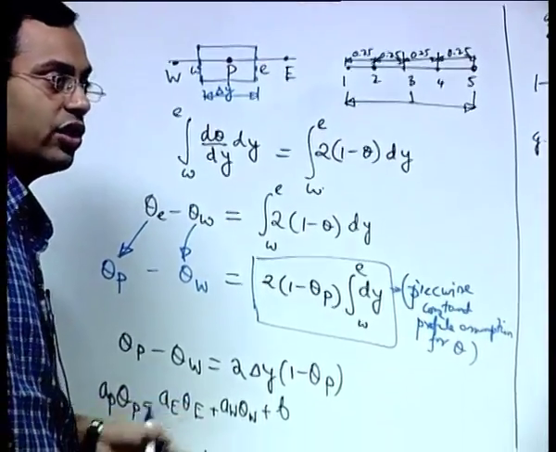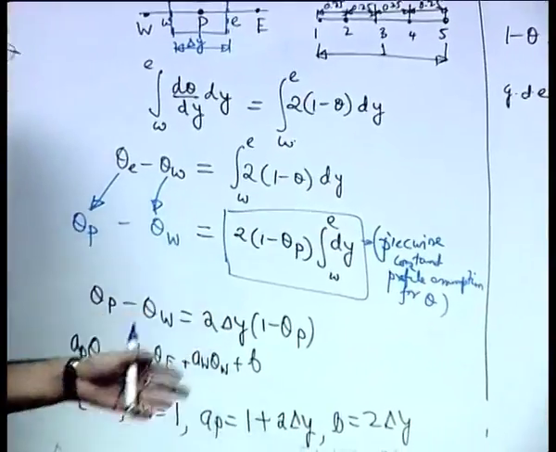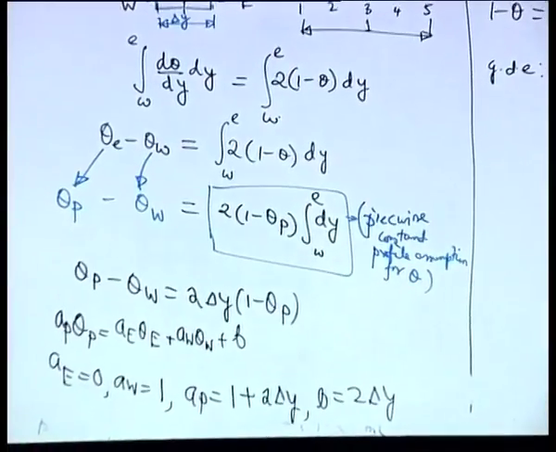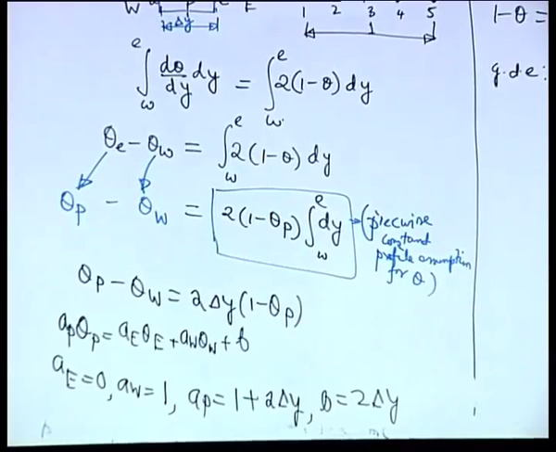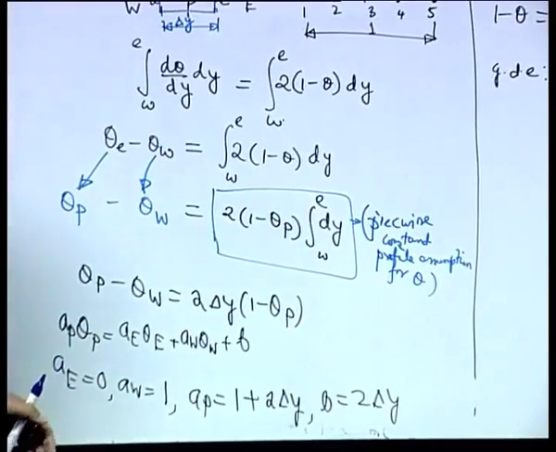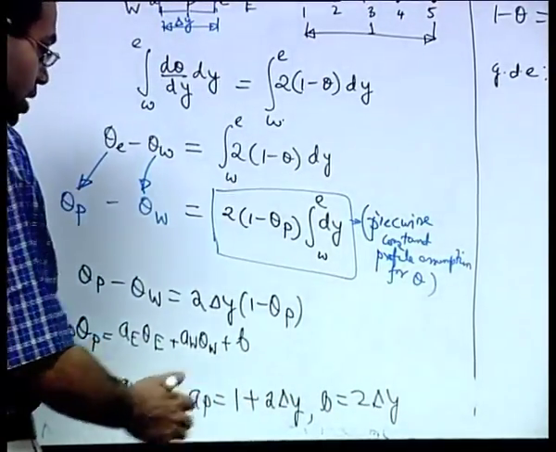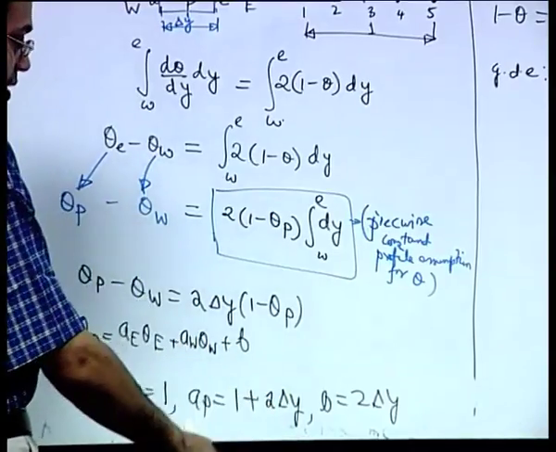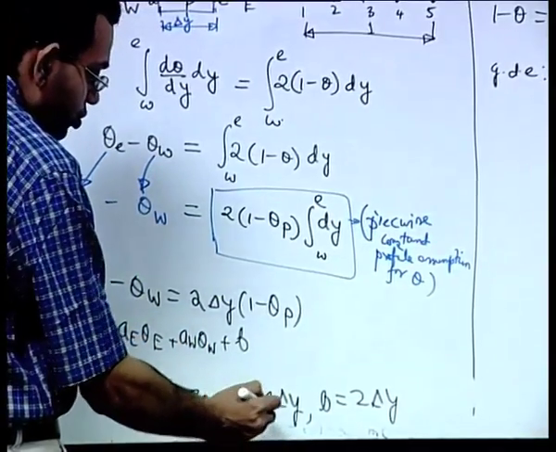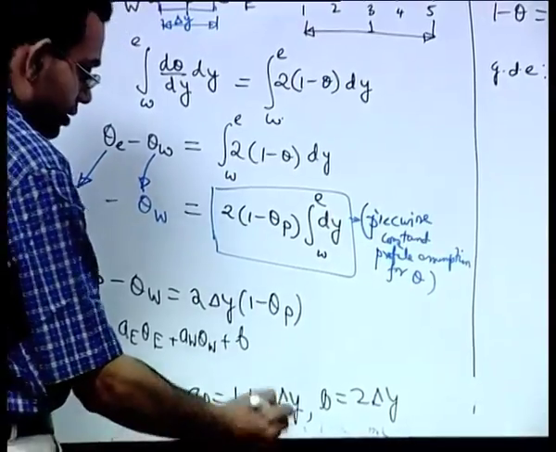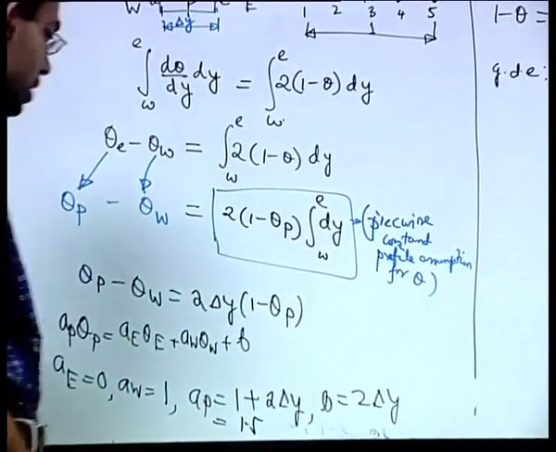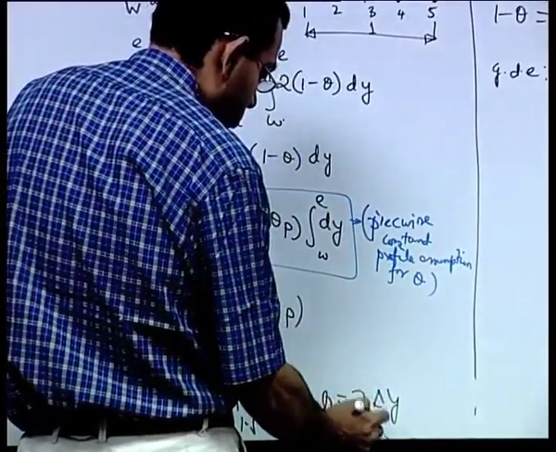So there is nothing wrong with having an AP which is different from AE plus AW. So with this now you can find out the numerical values. Delta y is 0.25, so 1 plus 2 into 0.25, that is 1.5, and B is 0.5.